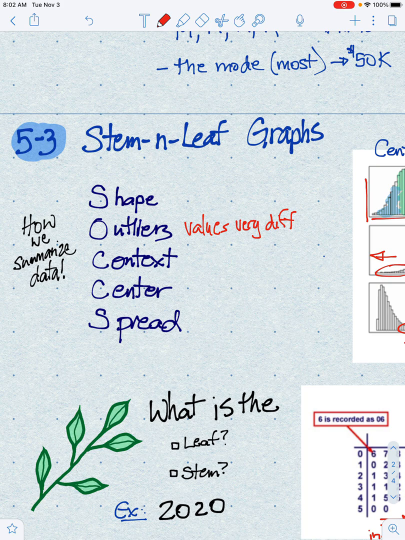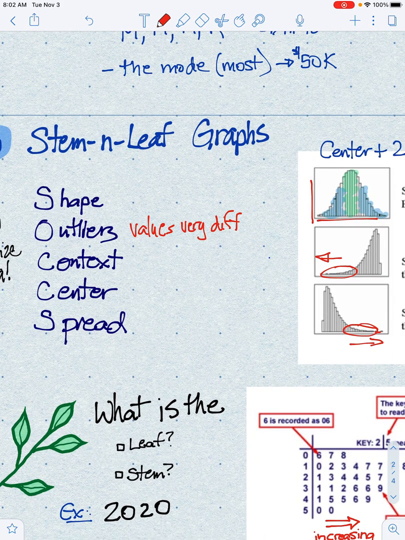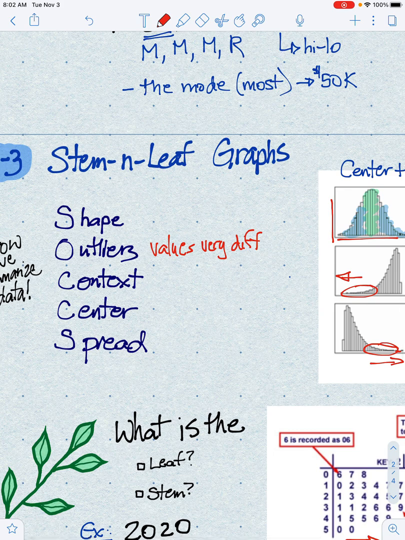Then finally, there are the centers, which are the mean, median, and mode and range, and we can see some of those in our data sets when we put them in a stem and leaf graph. And then finally it shows the spread, which is the max minus the min. What is the largest value? What is the smallest value? So stem and leaf graphs are very useful in that sense.